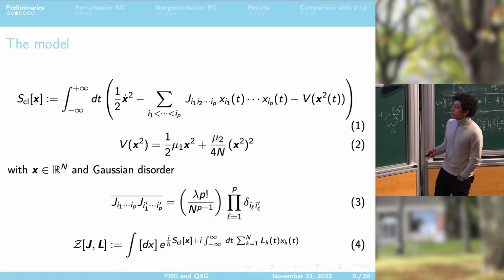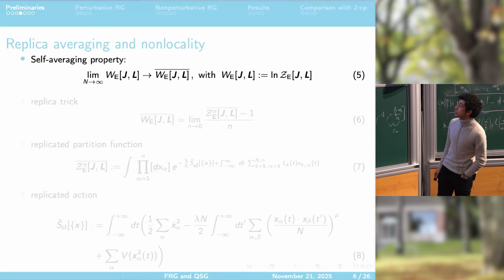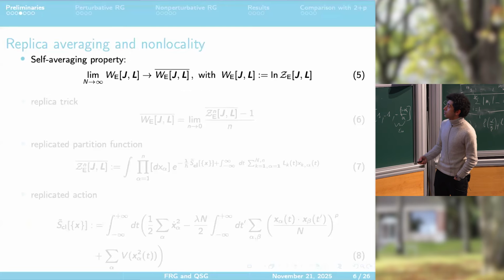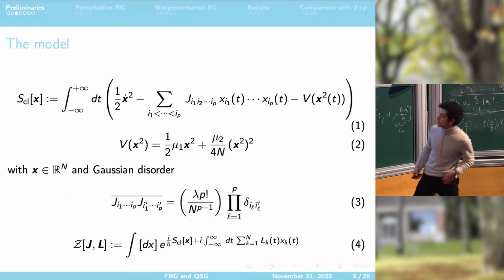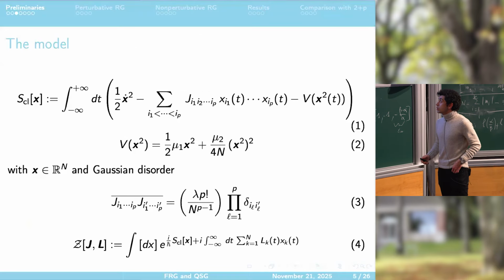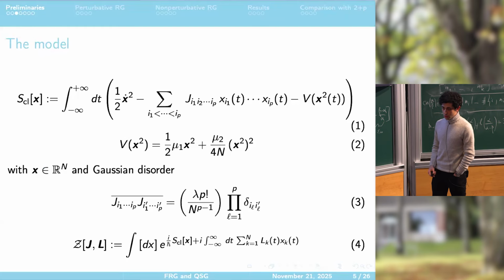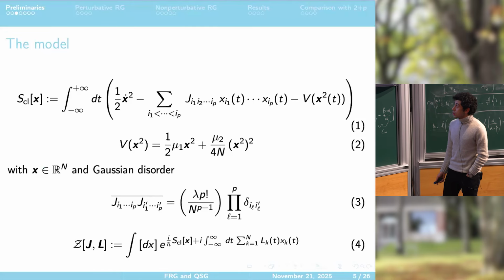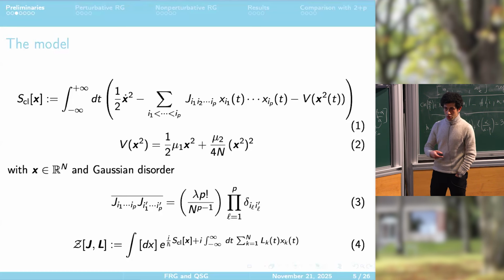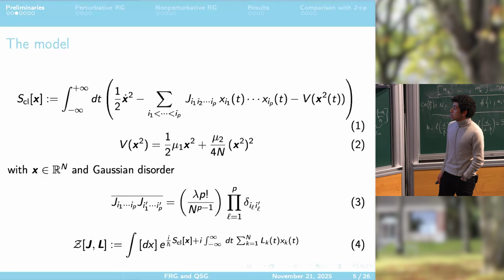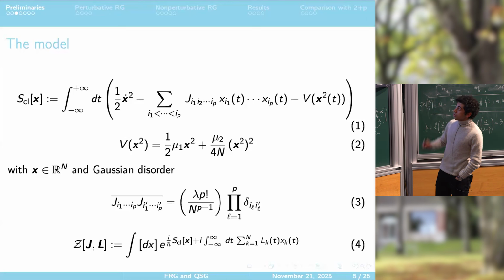So more formally, we can start with the classical action. This is an n-dimensional field theory on a one-dimensional space. And the action is given as these three terms.